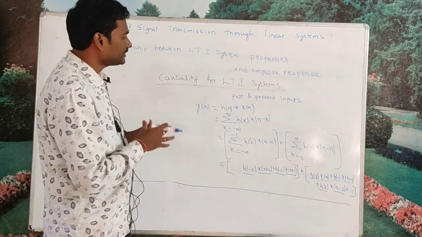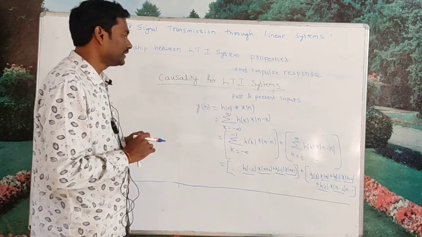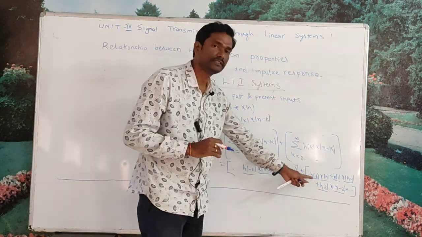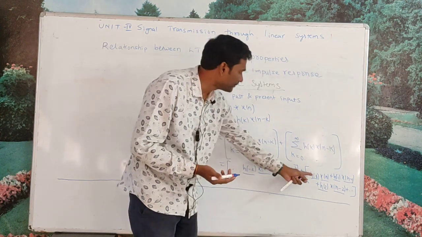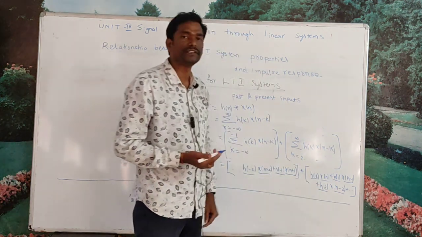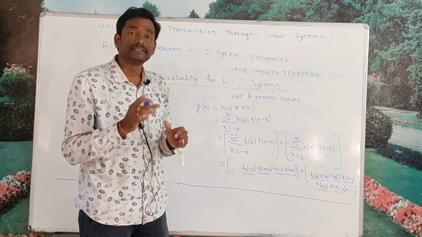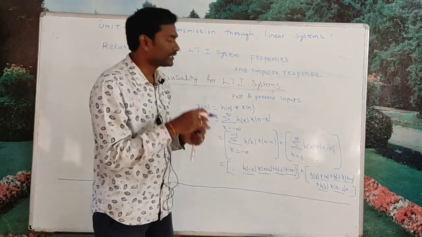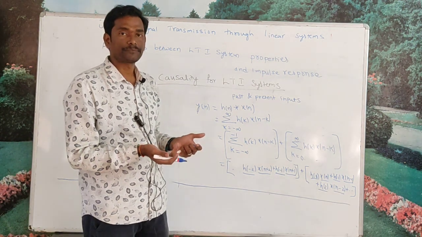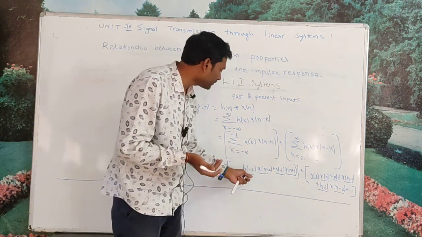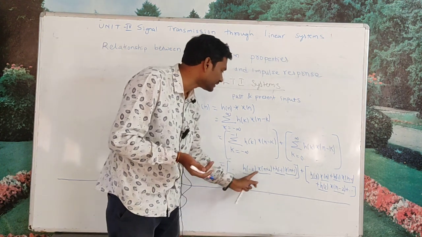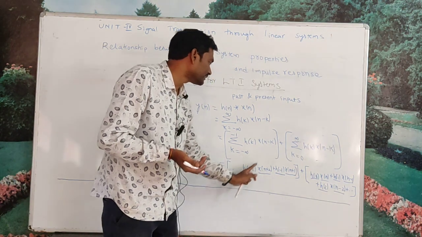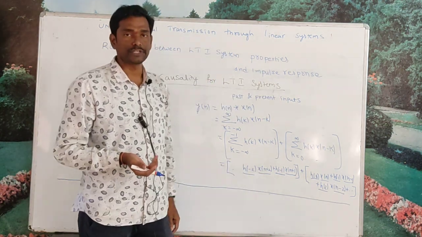From this we can observe one thing: if the impulse response has positive values including 0, then the system is depending on the present as well as the past inputs. That means if the impulse response has negative values like this, which are associated with the future inputs, then we can say the system is depending on the future inputs.